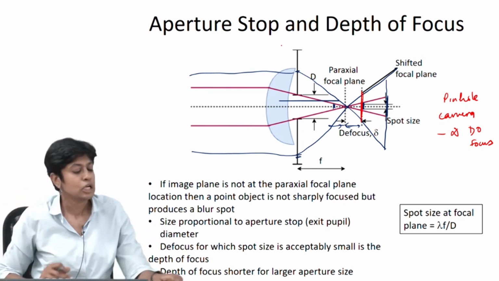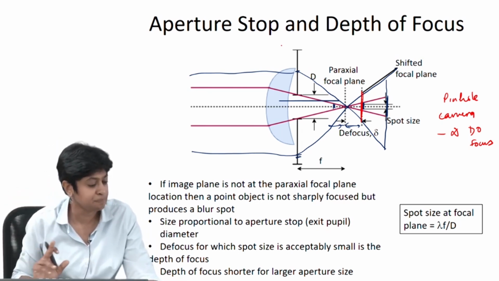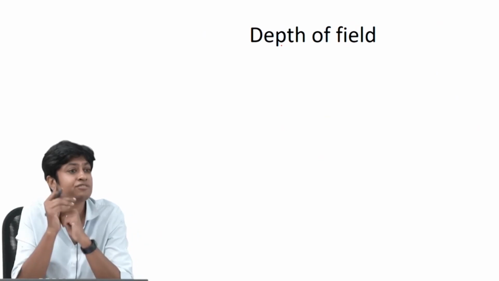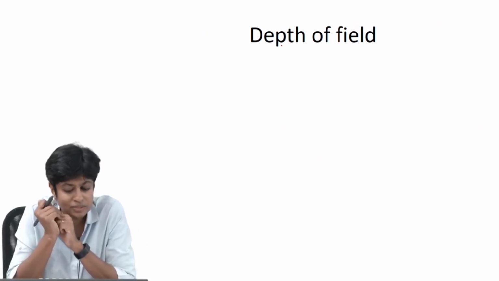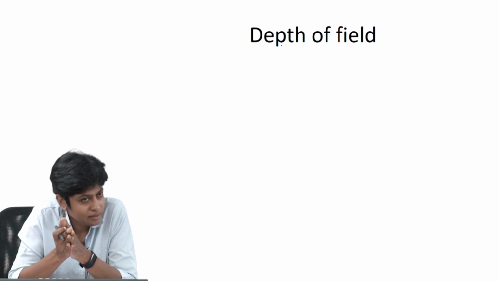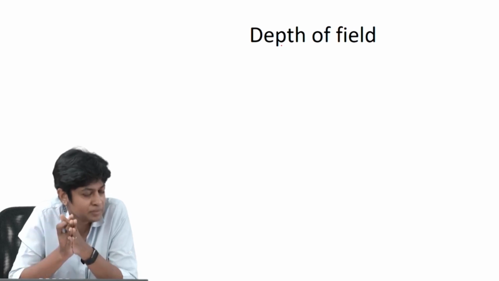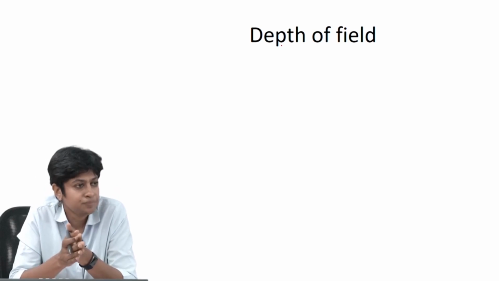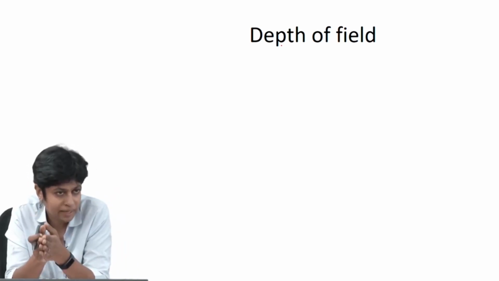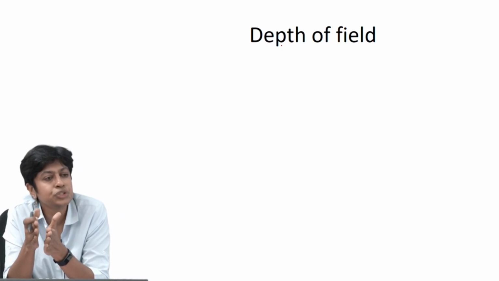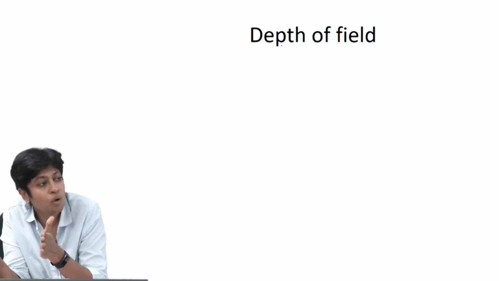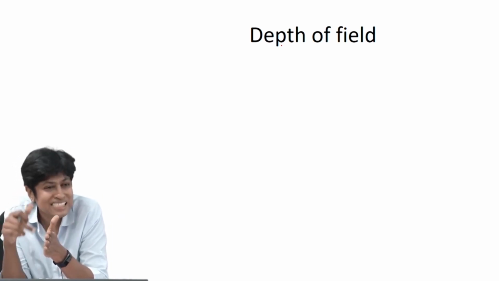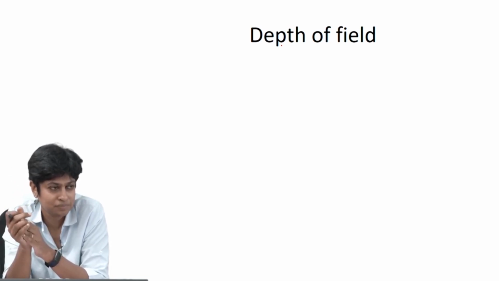Okay. So aperture stop affects depth of focus, but I also have depth of field. Now, what is depth of field? I showed in the previous image that for a particular optical system, you have the paraxial focal plane, and the depth of focus allowed you to move a little bit away from that plane and still have an acceptable image.